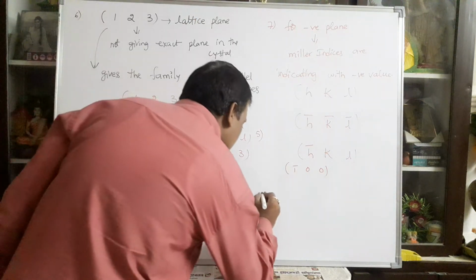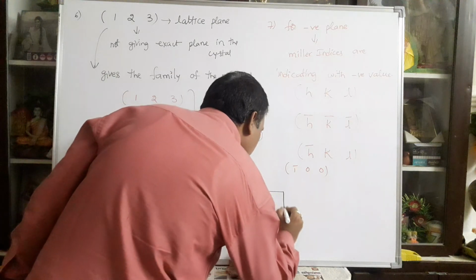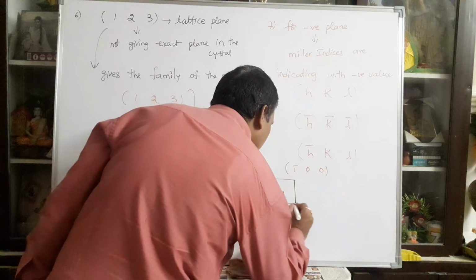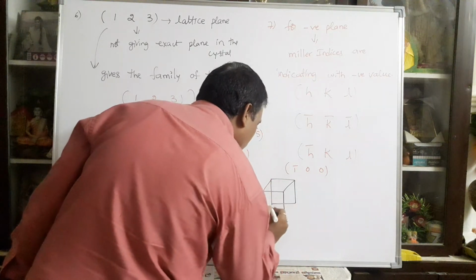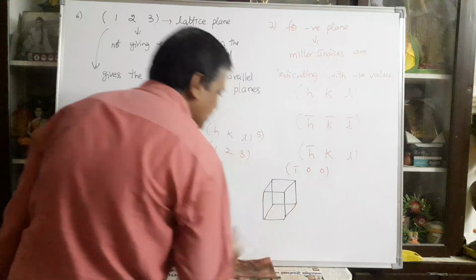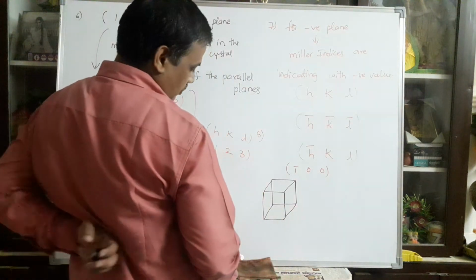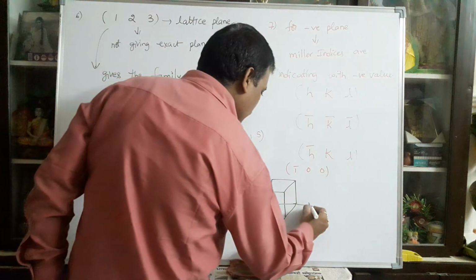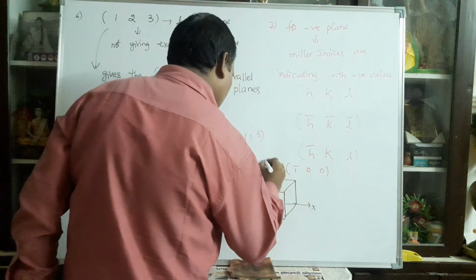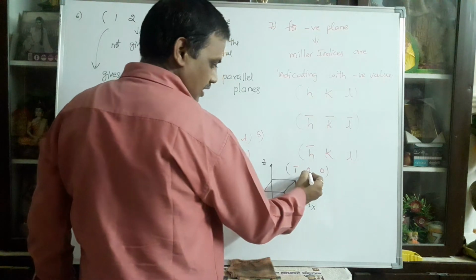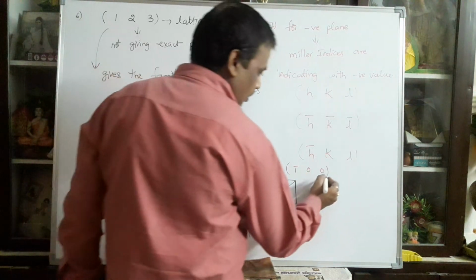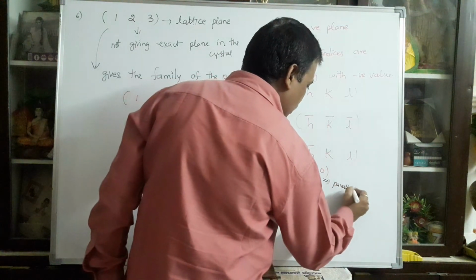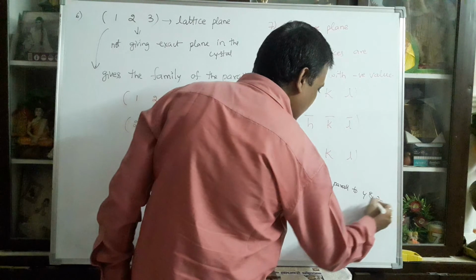You can draw one crystal like this. You can take the crystallographic axes as X, Y and Z. 0 means the intercept is infinity, so this plane is parallel to both the Y and Z axes.